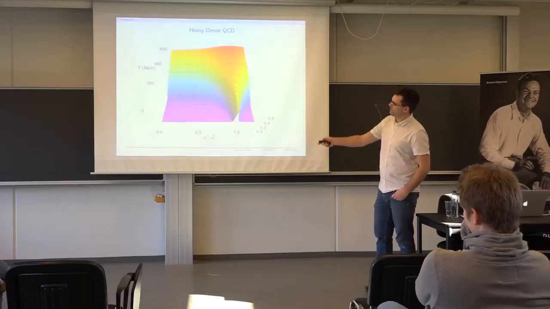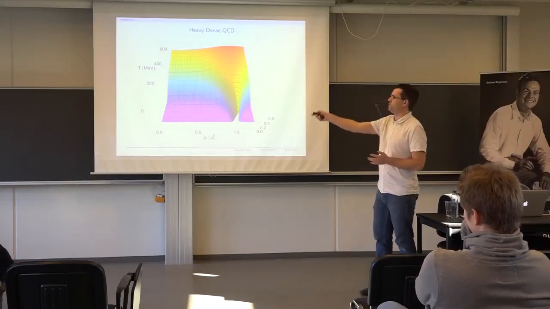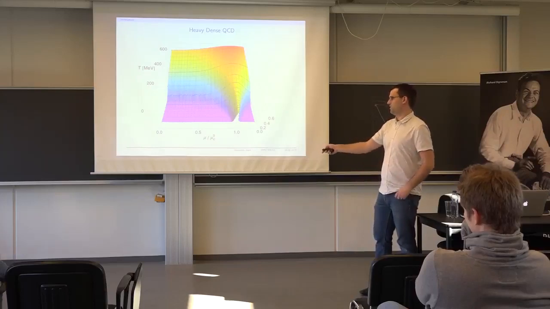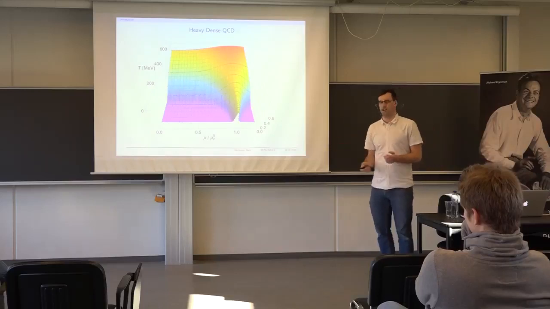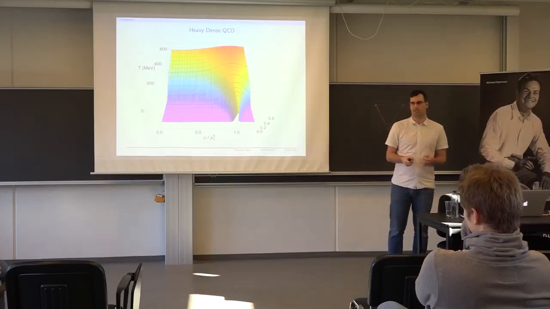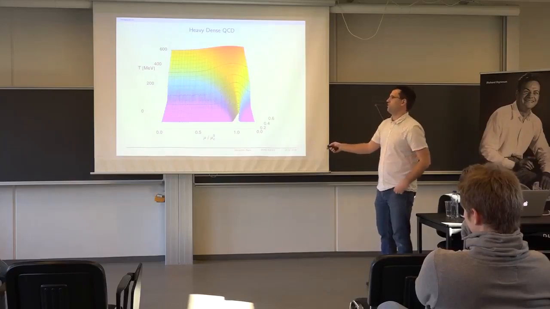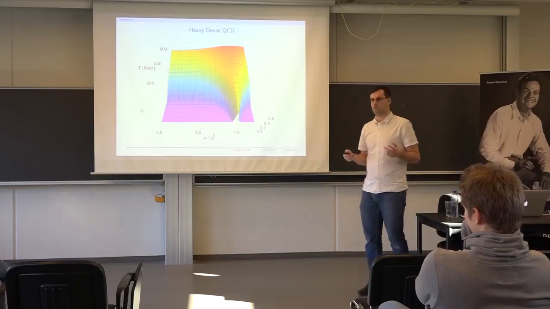And this is basically the three-dimensional plot of the phase diagram now as a function of the temperature here in MeV units, as well as the chemical potential in an arbitrary scale. Each of the black points on this three-dimensional chart is basically the result of a single simulation. You can see we have done quite a few, but we can successfully map out some features of the phase diagram.